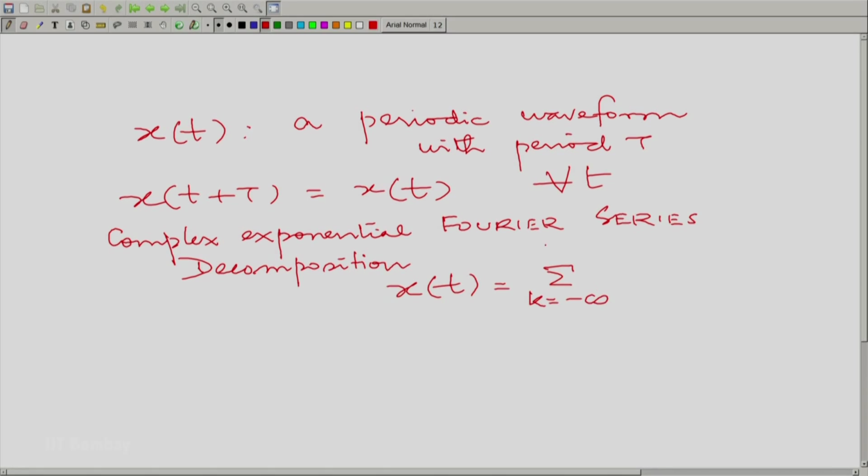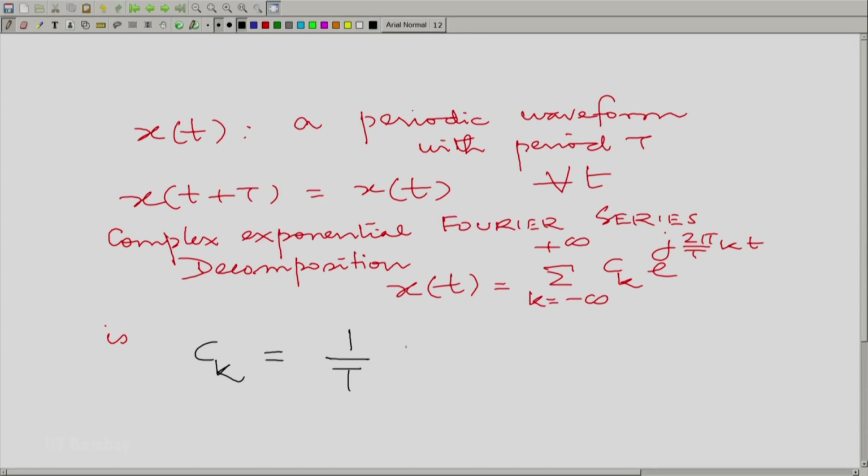Complex exponential Fourier series decomposition. xt is the sum of Ck e raised to the power j 2 pi by T times kt, essentially all the rotating complex exponentials with angular frequencies equal to 2 pi by T times k for all integer k, and Ck here is obtained according to what we just wrote down.